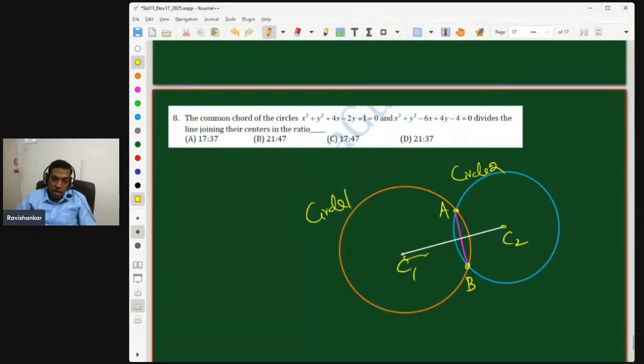So if P is the midpoint of the common chord, C1P is to C2P is asked.